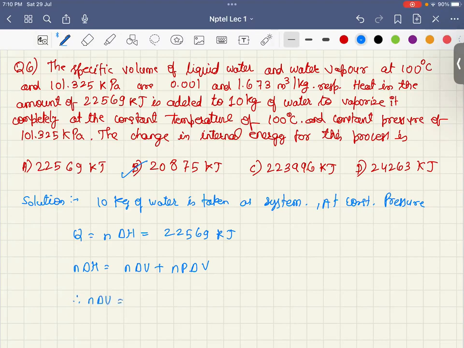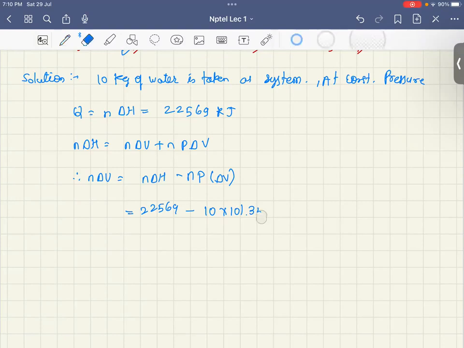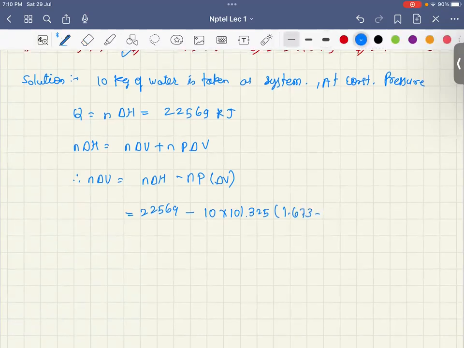Therefore, rearranging, n delta U is nothing but n delta H minus n P delta V. It is nothing but 22569 minus 10 into 101.325 into (1.673 minus 0.001).